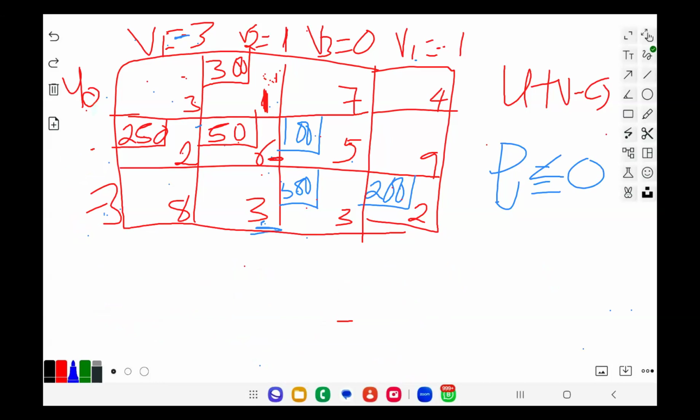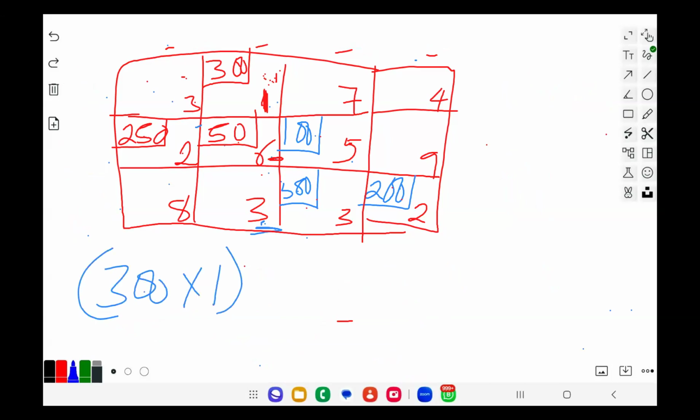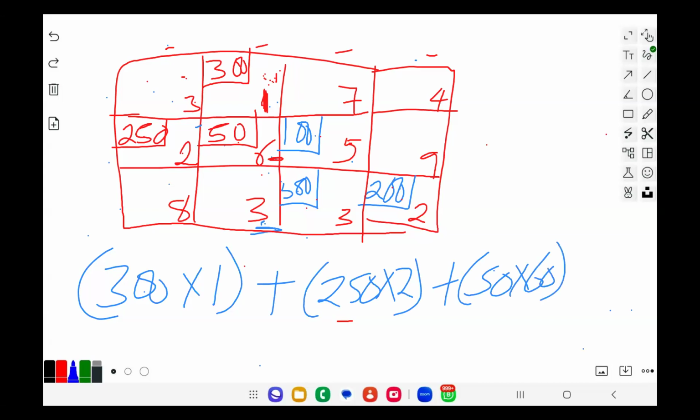So what is the feasible cost? You will find it the way you have been finding everything. Just focus on the allocated numbers. You will conclude like this: 300 times 1, plus 250 times 2, plus 50 times 6, plus 500, which is 100 times 5, plus 300 times 3, which is 900, plus 400.